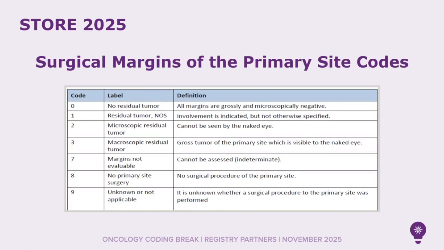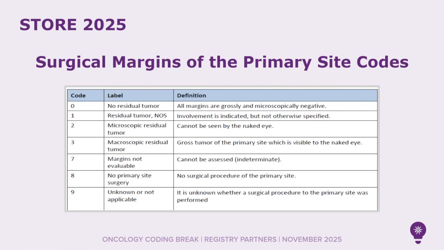Code 0 is no residual tumor and is used when the pathology report specifies that the margins are negative. This may be specified both microscopically and/or macroscopically. Code 1 is residual tumor NOS when the pathology report indicates the margins are involved but does not specify if involved microscopically or macroscopically.